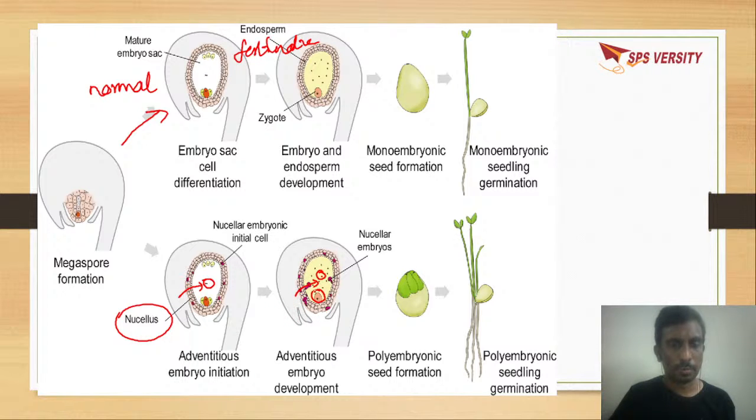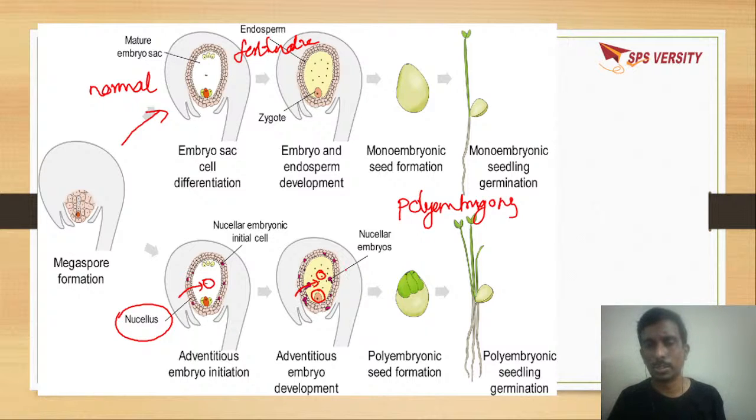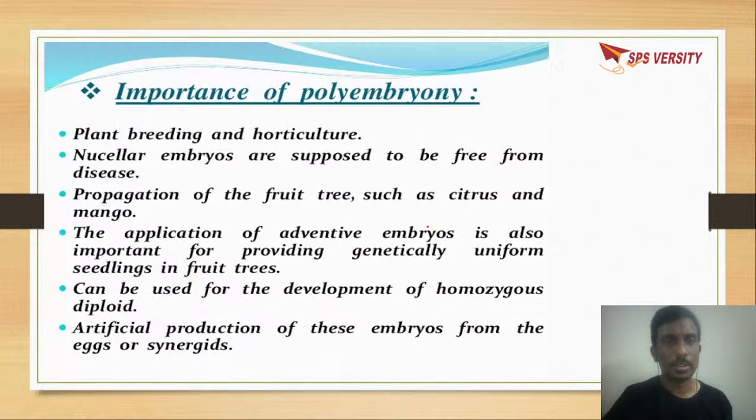One embryo formed normally from the fertilization process, and another formed from the nucellus. So here you can see there are many embryos, that is polyembryony. In polyembryony, more than one plant is formed. One is formed by fertilization, another from other cells like the nucellus, which is commonly seen in citrus, where nucellar cells enter the embryo sac and develop into embryos.